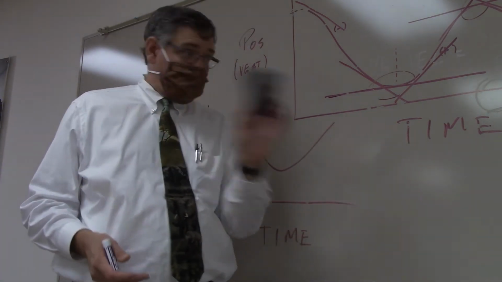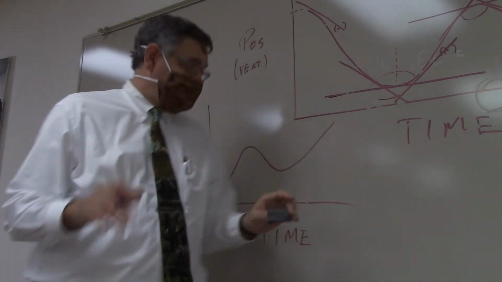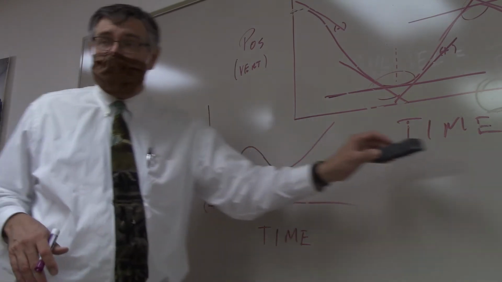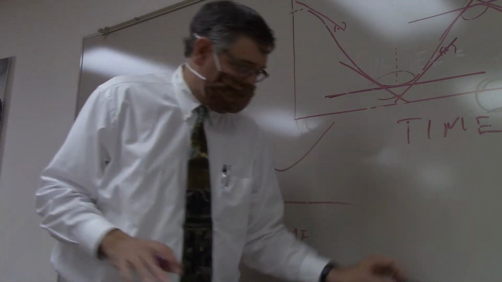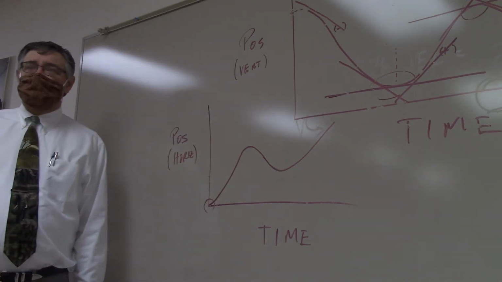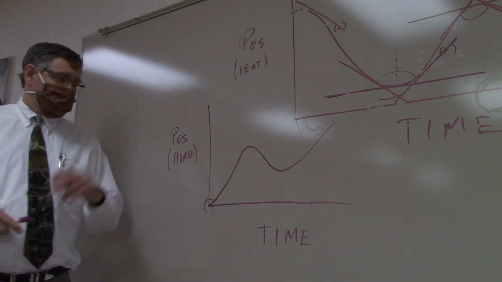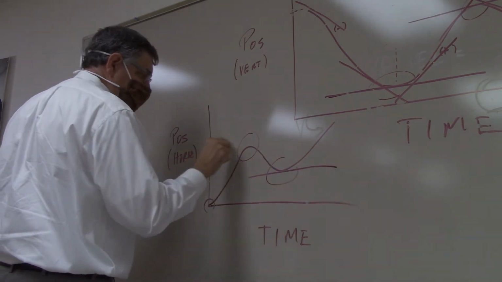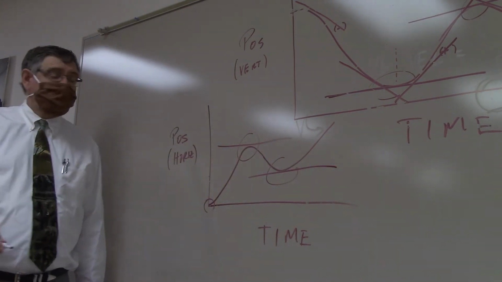That's all I can tell. How many direction changes? 2. Here and here, because that's when I can draw tangent lines that show that they are 0.